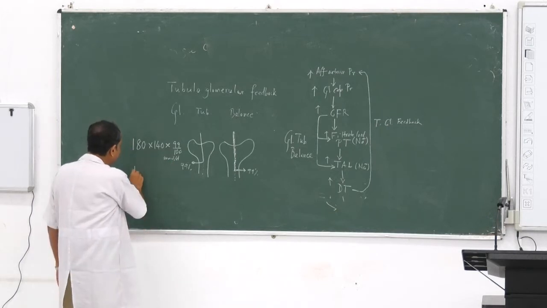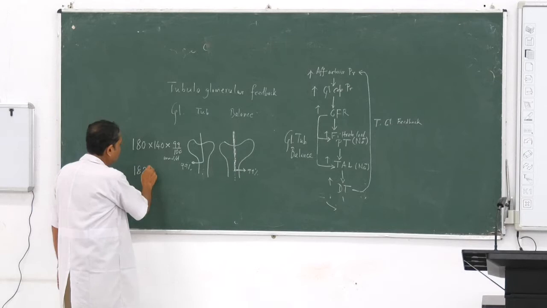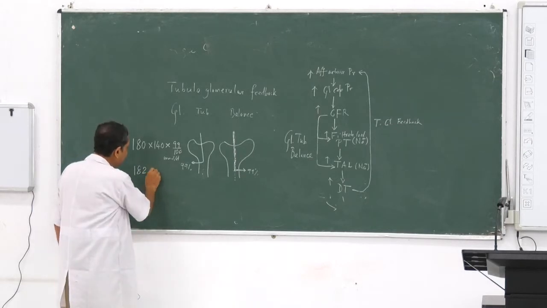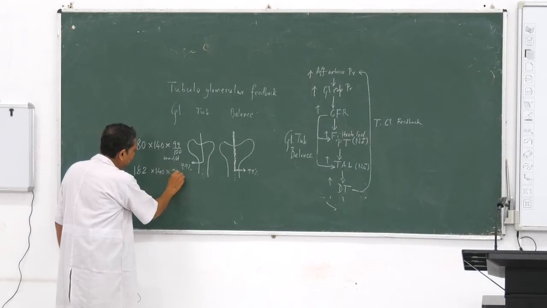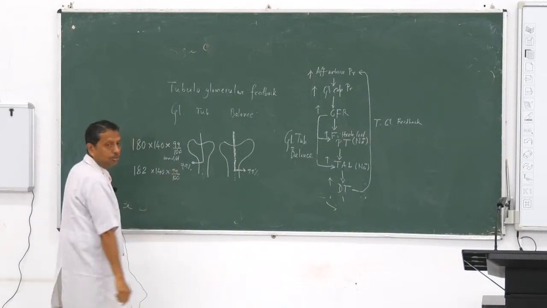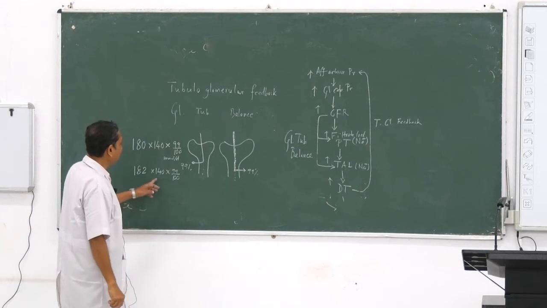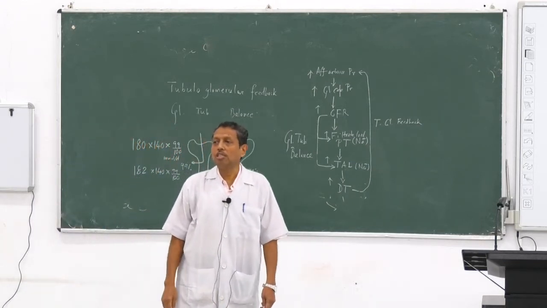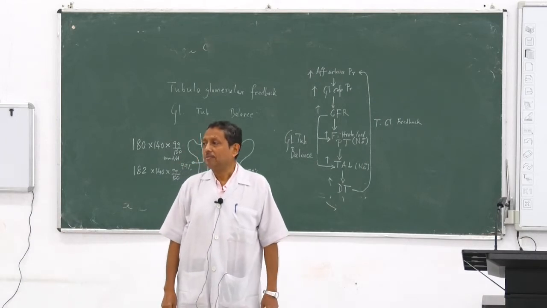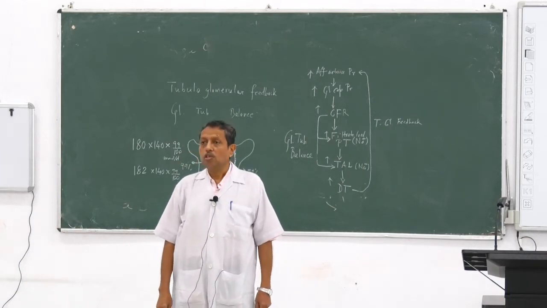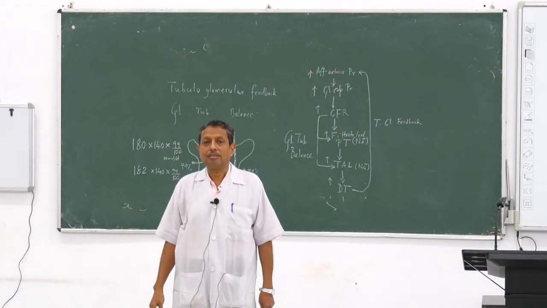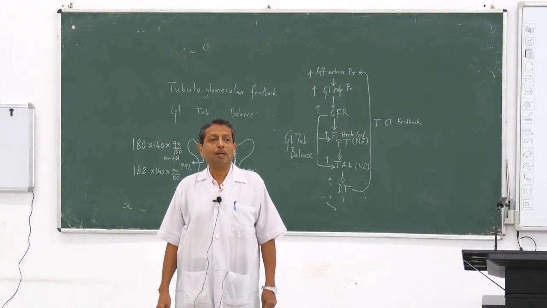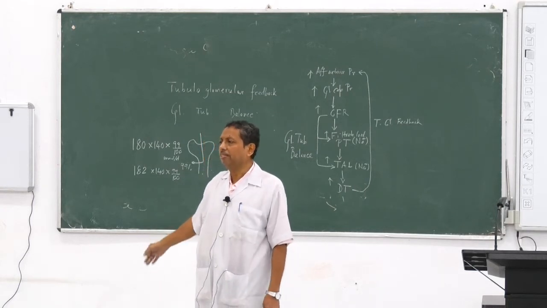So whenever it is 182 per day, and it is 140 and 99 by 100 is reabsorbed. 140 millimole per liter is the sodium concentration in the plasma. Concept of glomerulotubular balance. These are extremely easy things.